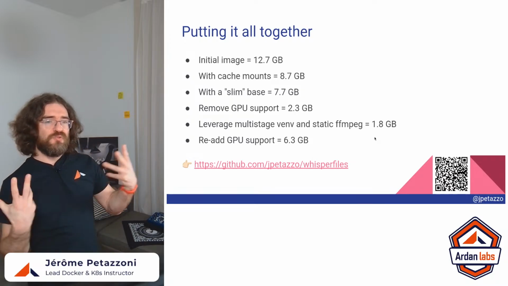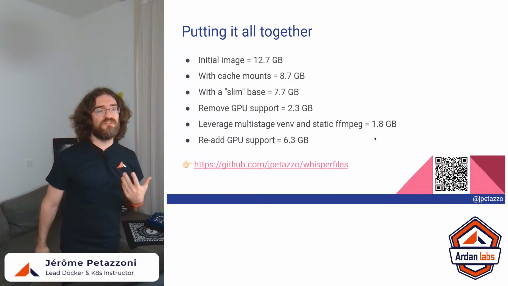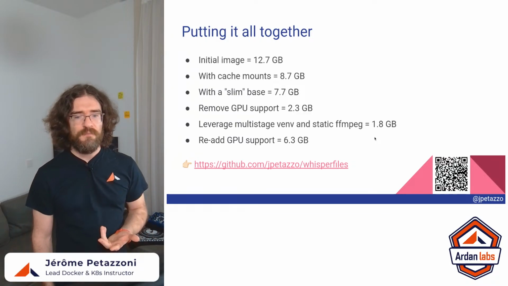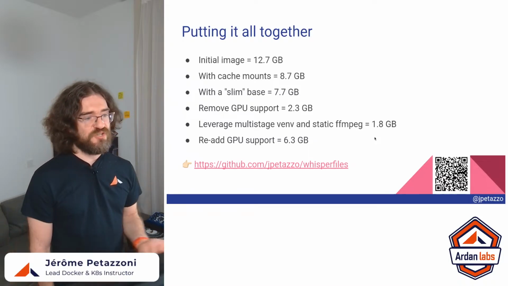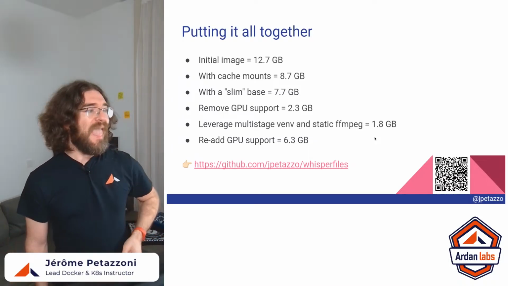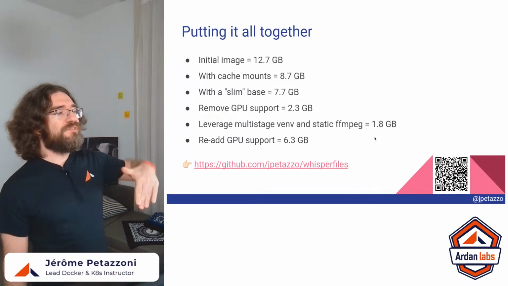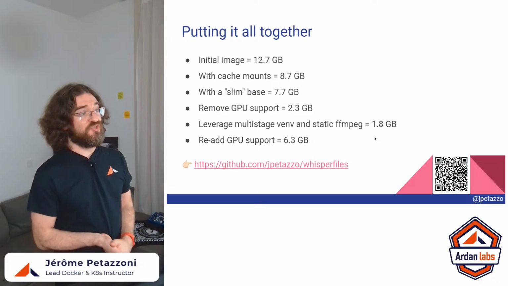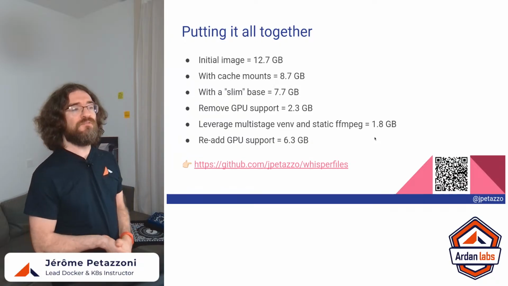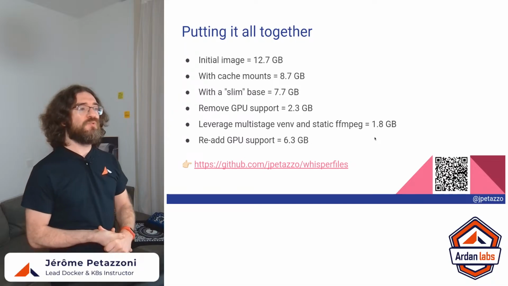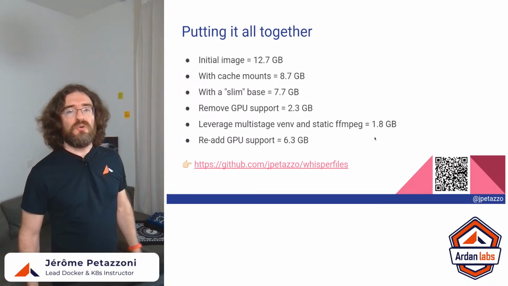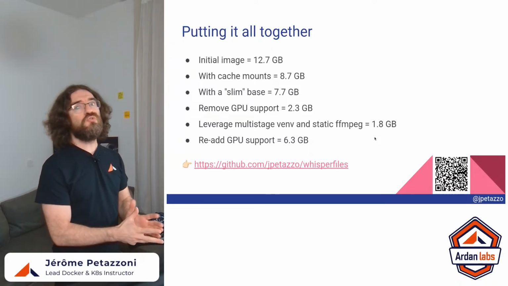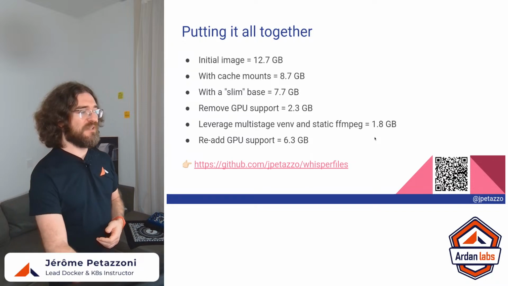Now to put some perspective, if I want GPU optimization, and I probably want GPU optimization with Whisper, because GPU optimization with Whisper is like 50 times faster, then I go back to 6.3 gigs and I can't really do anything about it because just the NVIDIA package is 4 gigs on its own. So here, sure, going from 12 gigs to 6 gigs, it's pretty nice, but it's not the huge savings that we can see in some scenarios.